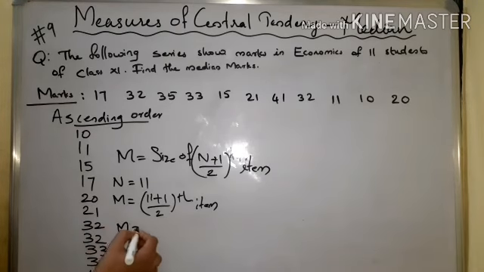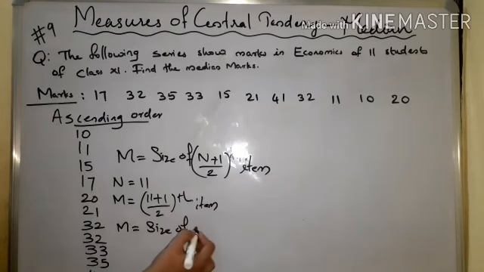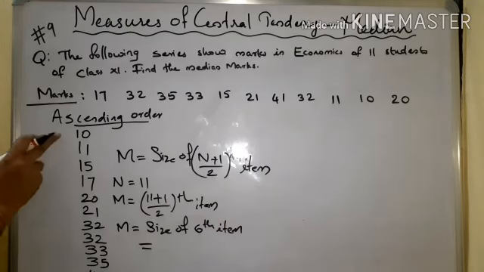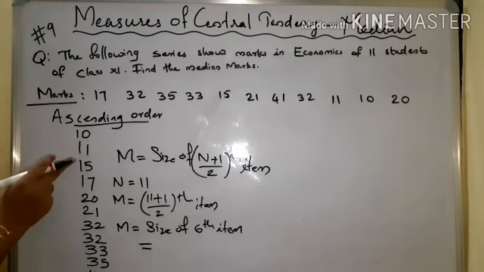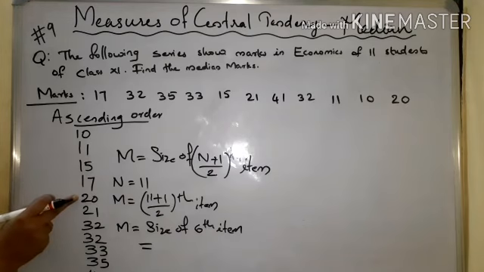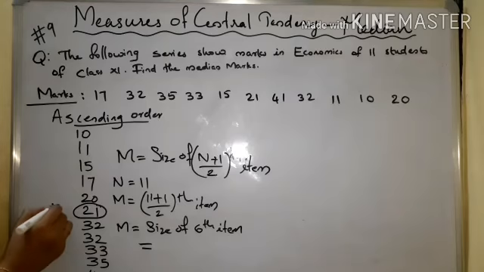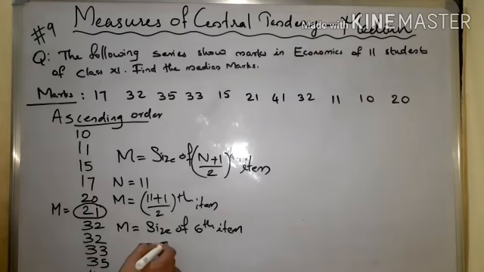M is equal to size of 6th item. Which value does the 6th item represent? 1, 2, 3, 4, 5, 6. So the 6th item represents this value. So M is equal to 21.